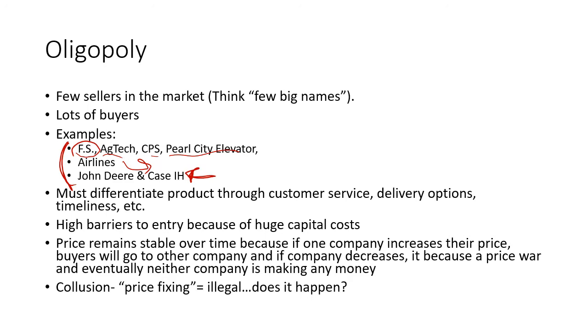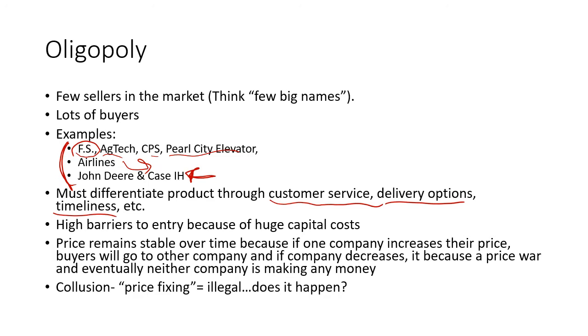I only put John Deere and Case IH on here, but we know that there are others as well, New Holland and so on. But still, there's just a few big names. How these businesses differentiate their product is through their customer service, maybe their maintenance or technical support, potential delivery options, timeliness, etc.